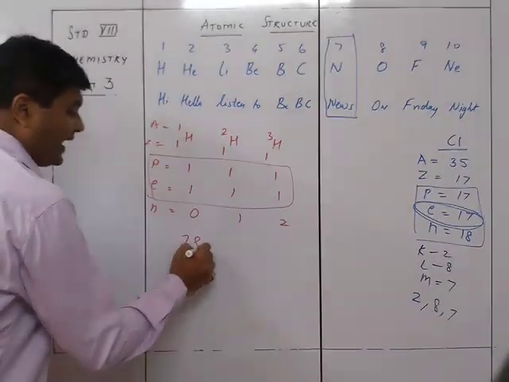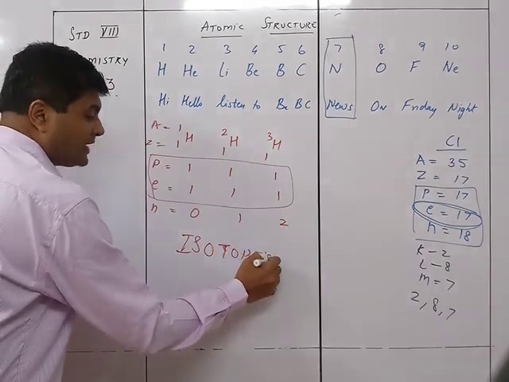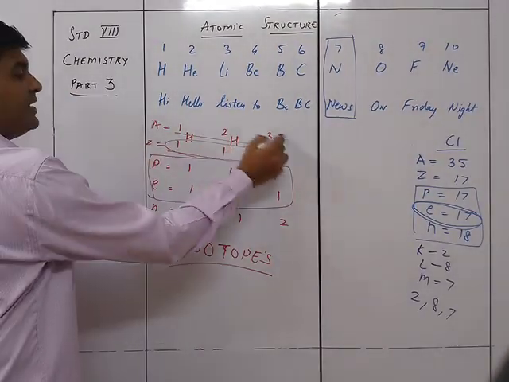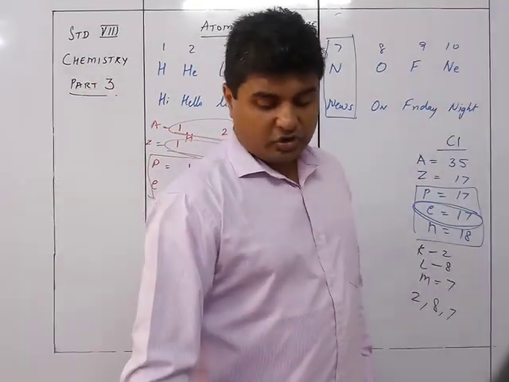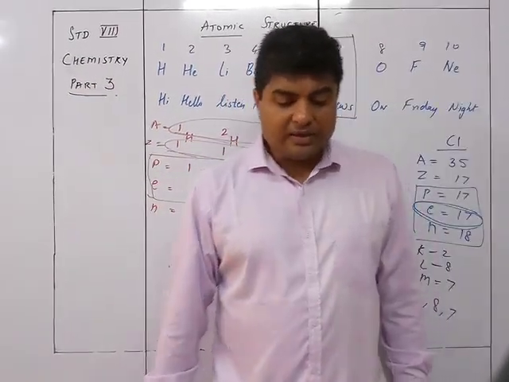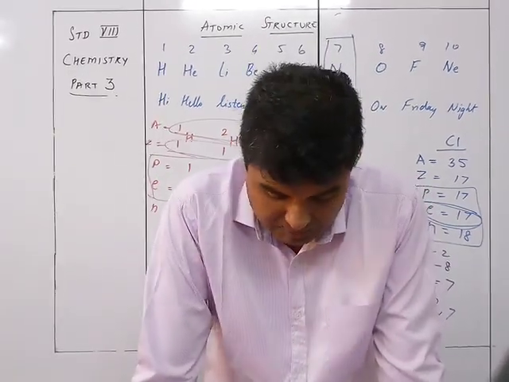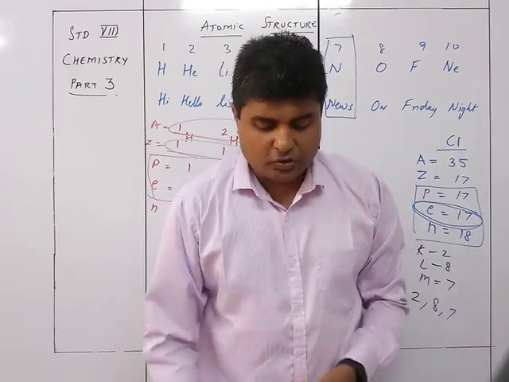So isotopes are the ones which have the same atomic number but different atomic mass numbers. Isotopes are atoms of the same element having the same atomic number but different mass numbers. So that's why they have given you the example of the isotopes of hydrogen.